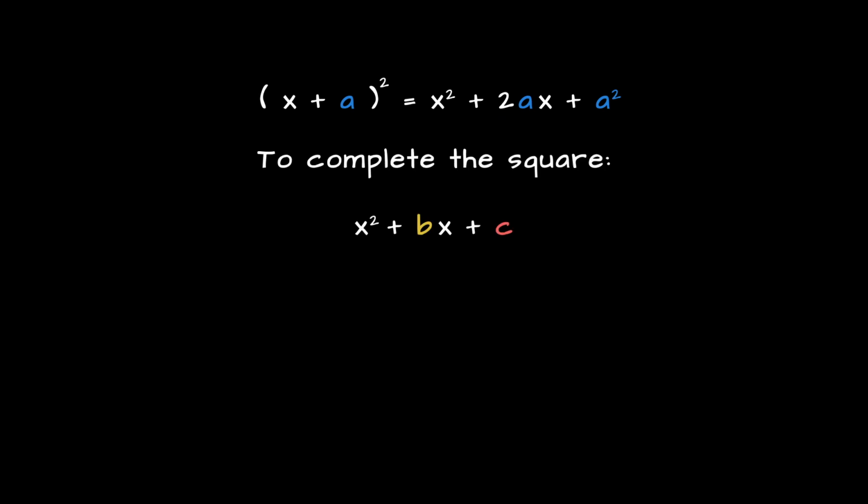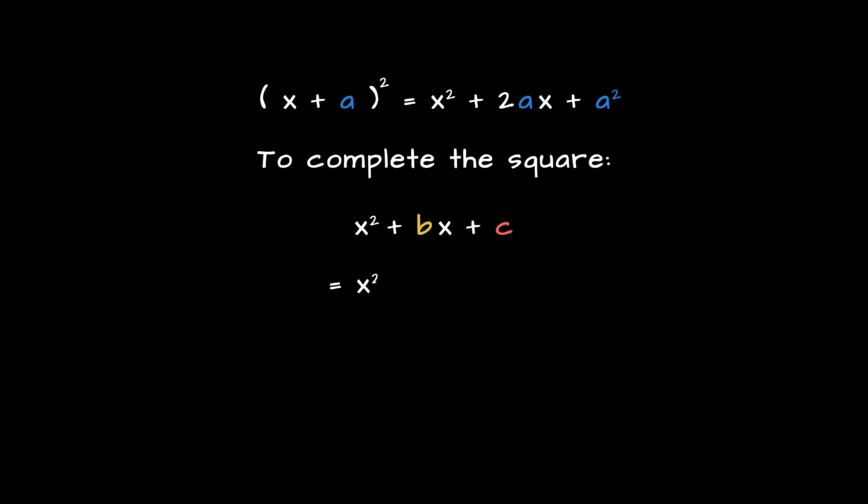That means that if we start with a general quadratic expression of the form x squared plus bx plus c, we can complete the square by adding and subtracting exactly the square of 1/2 of the coefficient of x.